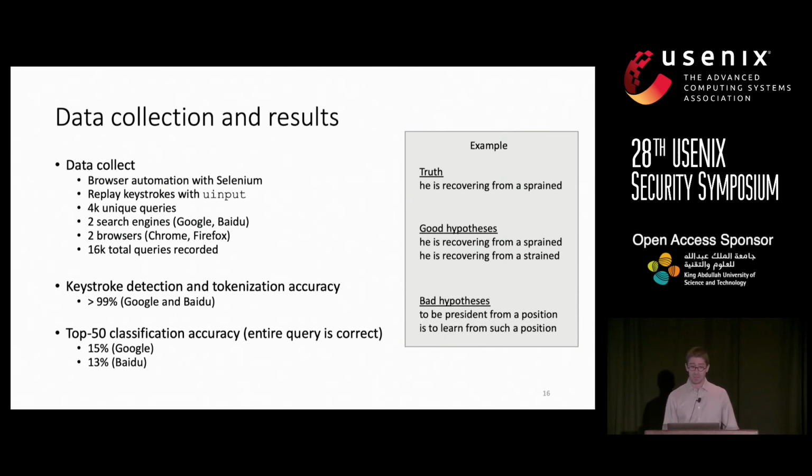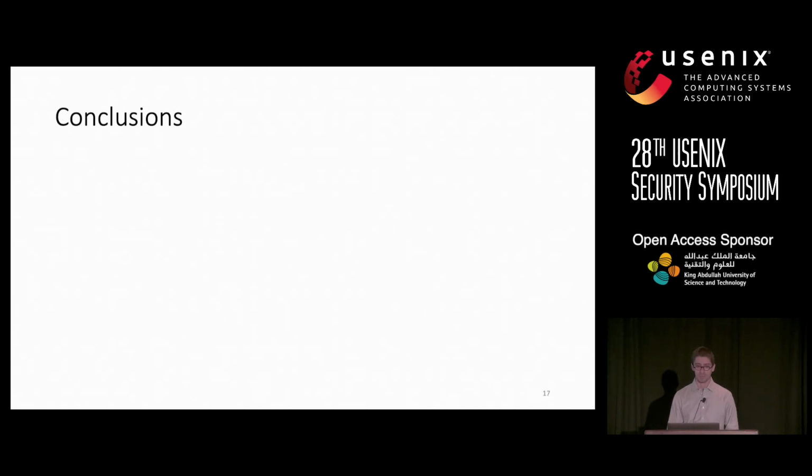And failure cases occur prominently when either a keystroke is missed, so when the false negative occurs in detection, we end up with the wrong token lengths. And when a false positive tokenization error occurs, we also end up with the wrong token length. So the attack outcome tends to be highly polarized. It either got it really right or really wrong.